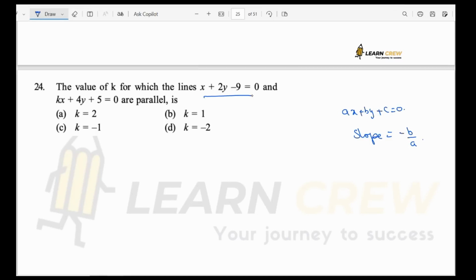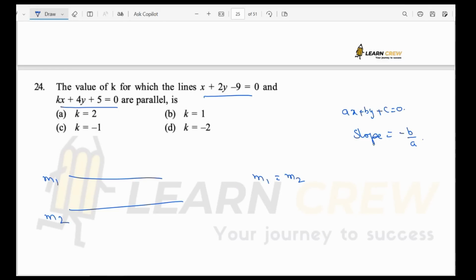For two lines to be parallel, their slopes must be equal. Slope of first line, slope of second line. If m1 is equal to m2, then we say both the lines are parallel.